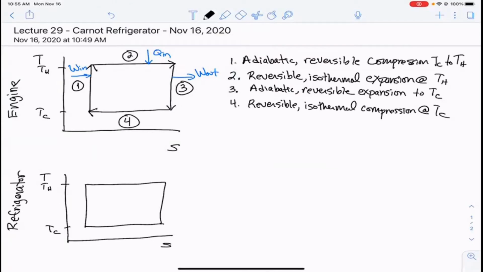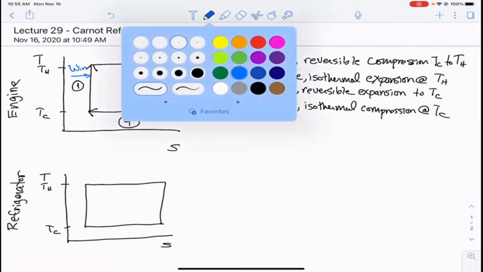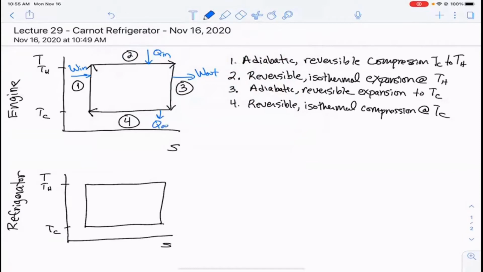But let's think about the difference in what we're trying to do between the engine and the refrigerator from a heat perspective. From a heat perspective, we want to take in heat at the highest temperature in the heat engine. But in a refrigerator, that's not true. If we take the refrigerator in your house, the high temperature in the cycle is just the room temperature.